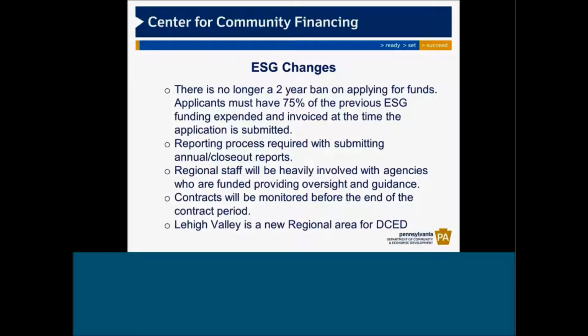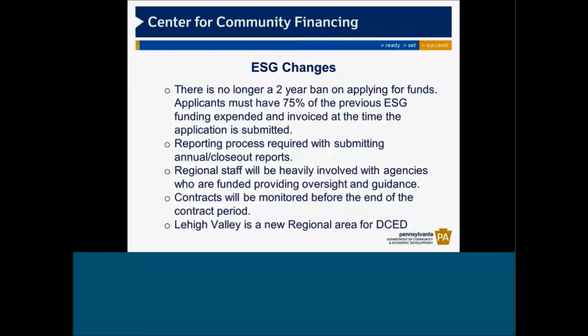DCED is now requiring that when agencies submit their annual fiscal status report and their closeout report of the contract, you provide a success story. So we want to focus more on the successes of the program, and you're going to have to provide that for us throughout the contract period.